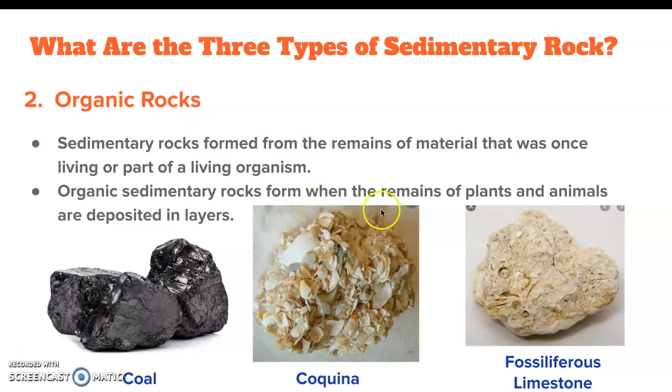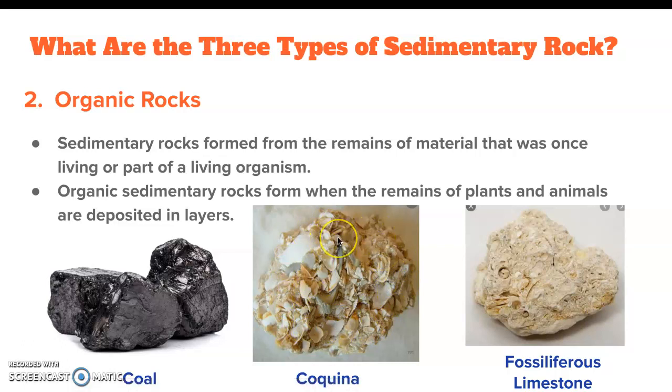And then here you see another example. Fossiliferous limestone is going to be rock that forms from the shells of clams and coral and other sea creatures that die. And then coquina, you can see, is again made in the water, and you have little bits and pieces of shell that are cemented together.